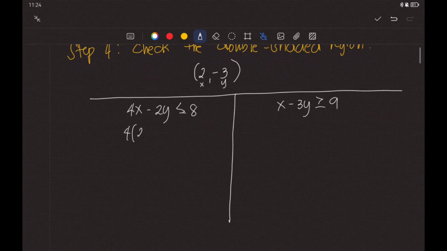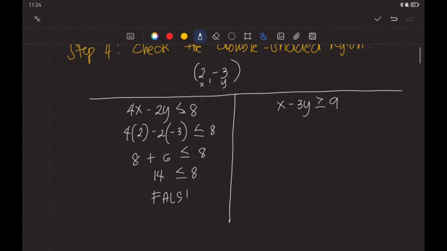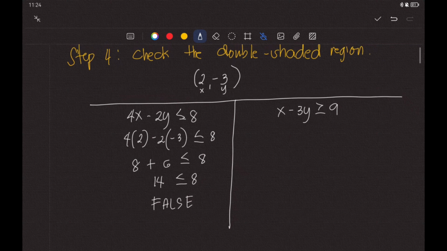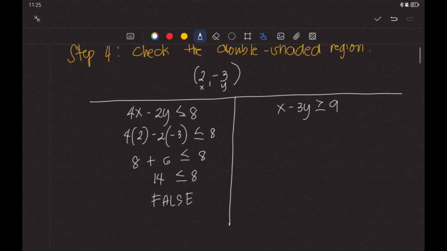Substitute the values of x and y. So this is 4 times 2 minus 2 times negative 3 less than or equal to 8. 8 plus 6 is 14. This is false. Why is this false? Let me check.